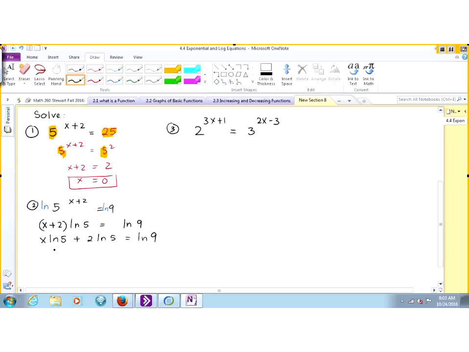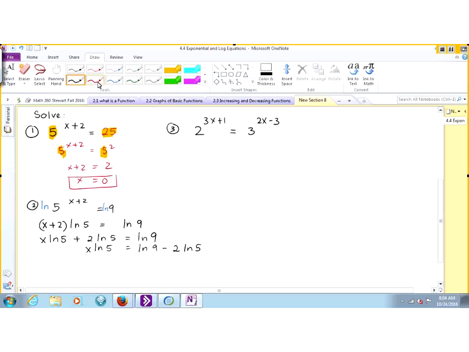So now what should we do to solve for x? We isolate expressions containing x. So x ln 5 is equal to ln 9 minus 2 ln 5. Good.